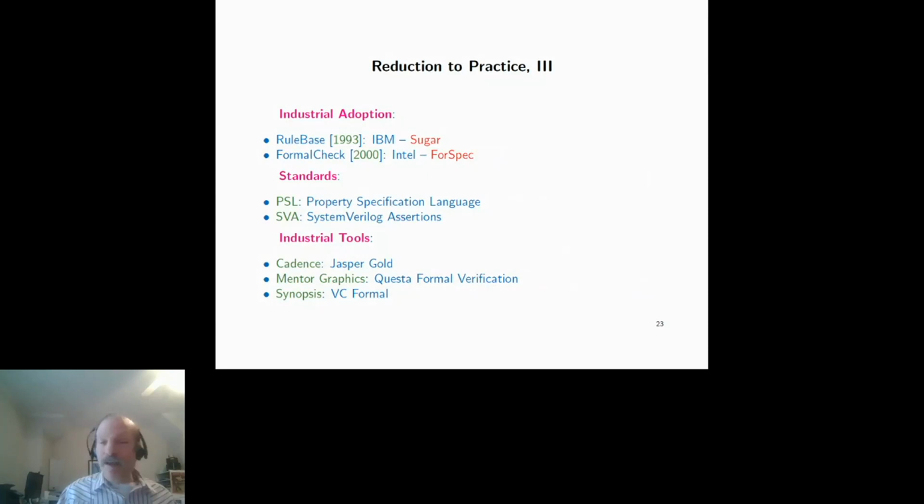And today, if you go to the EDA industry, which is electronic design automation, the three big companies, Cadence, Mentor Graphics, and Synopsys, each one of them has a formal verification tool, which is part of their suite of design tools. And I'm told by people that these tools are actually being used. I gave a talk last year at the Jasper user group, hundreds of people using these tools.